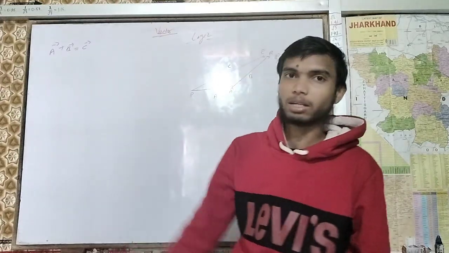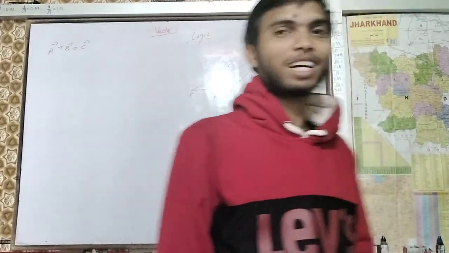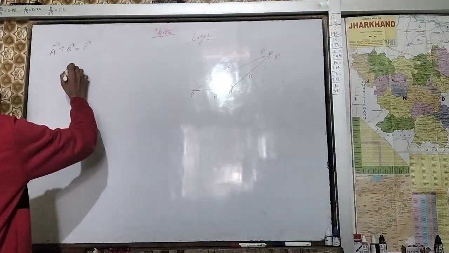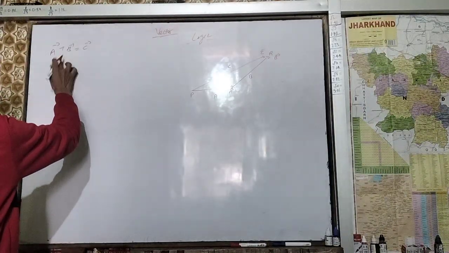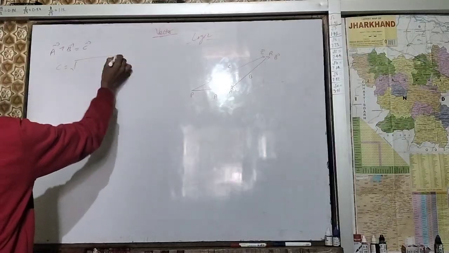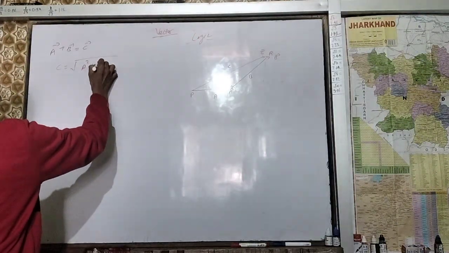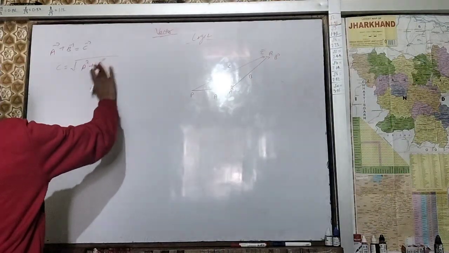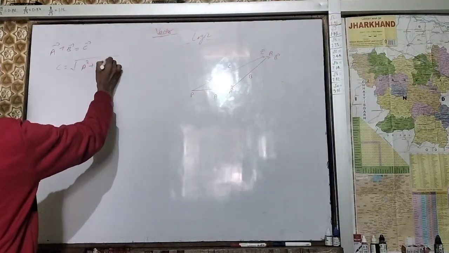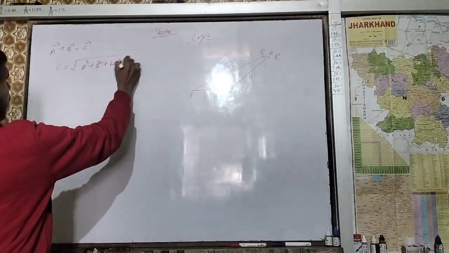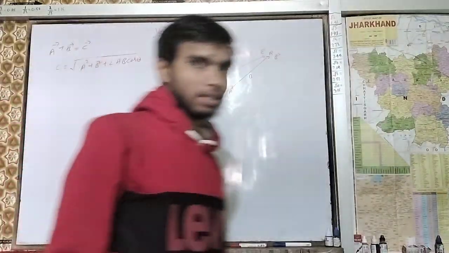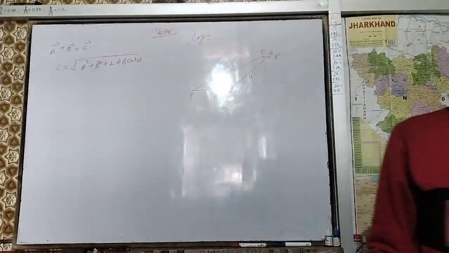A vector plus b vector is equal to c vector. Look, the logic behind this is c is equal to under root of a square plus b square plus 2ab cos theta.